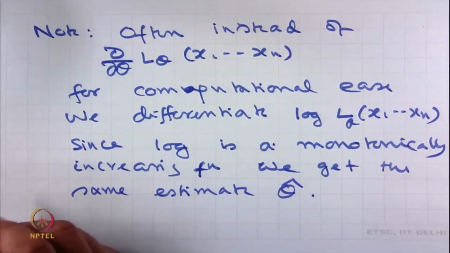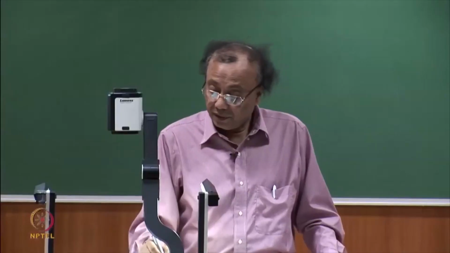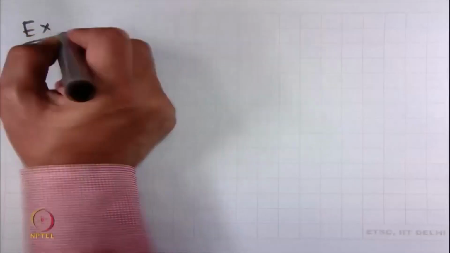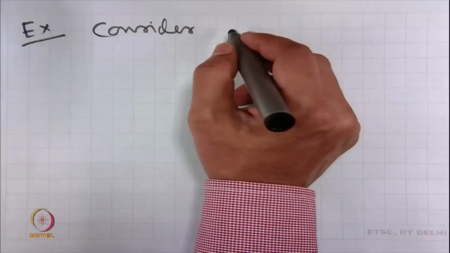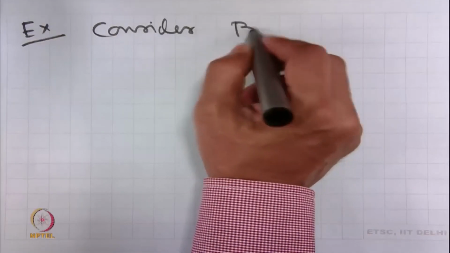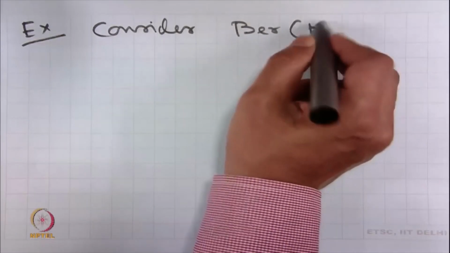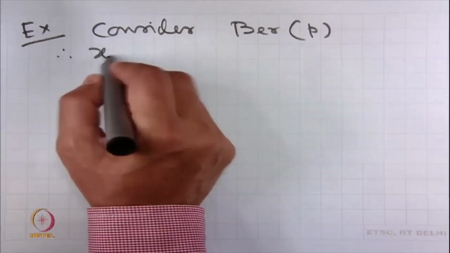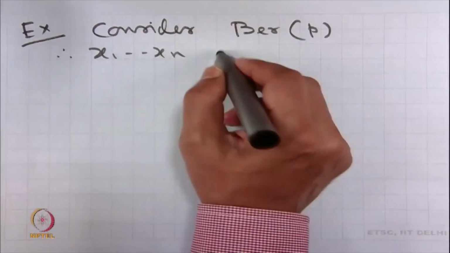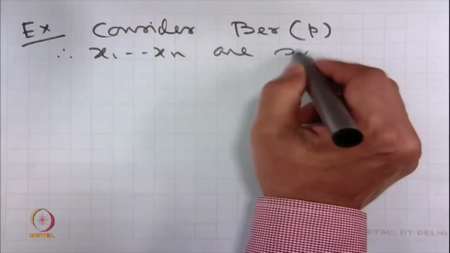So, let me give you an example. Consider Bernoulli p. Therefore, x1, x2, xn are sampled values.